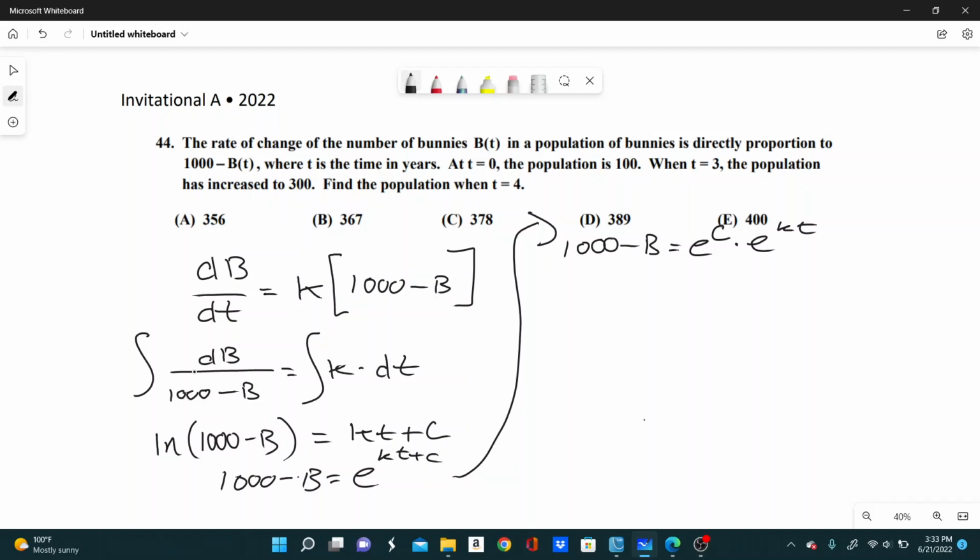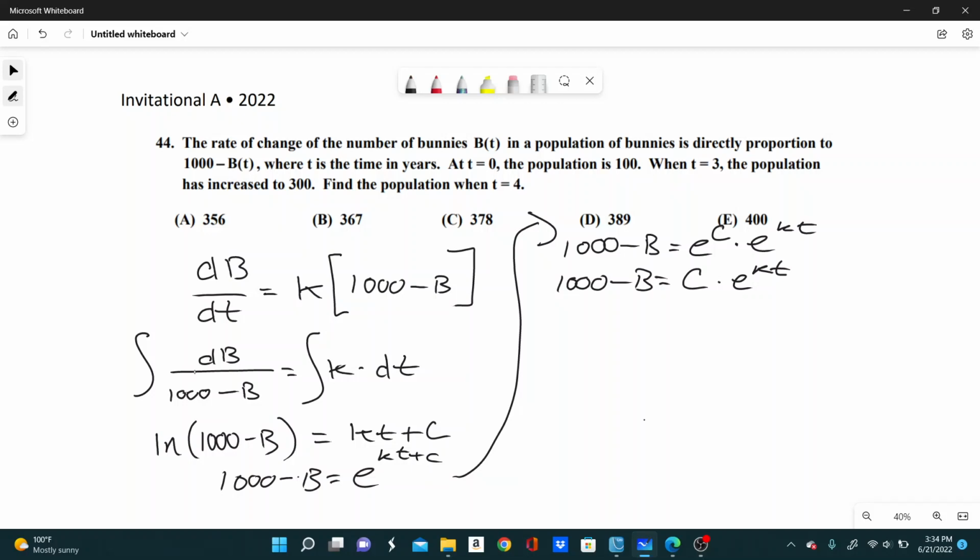Think if you did this in reverse. So e to the c times e to the kt, if you were to combine them, it would just be e to the c plus kt. Well, I still have 1000 minus B on the left, and e to the c is just going to be a different constant, so I'm just going to call that c again. So c times e to the kt.